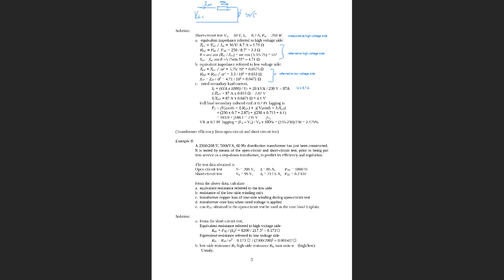So then we can find out the secondary output voltage when it is opened.